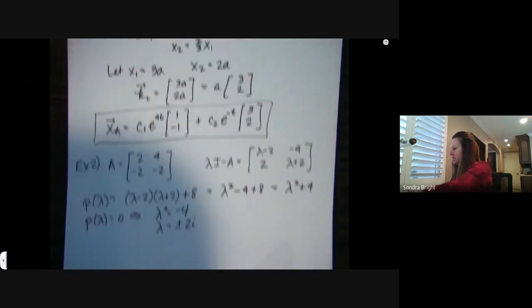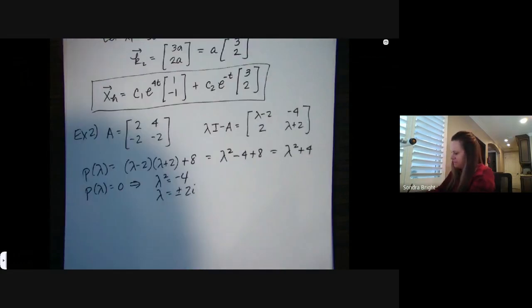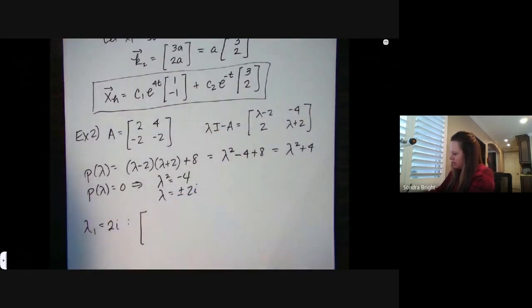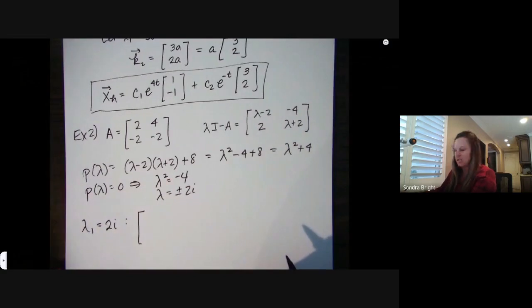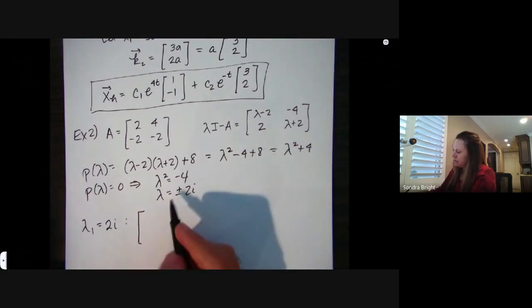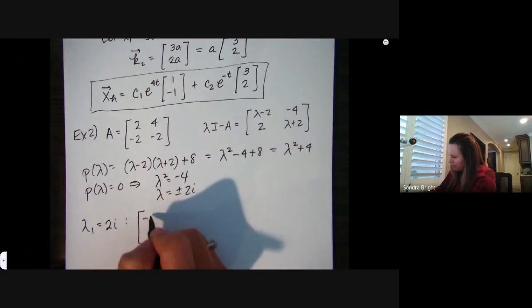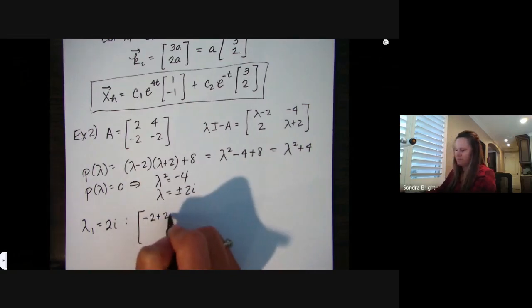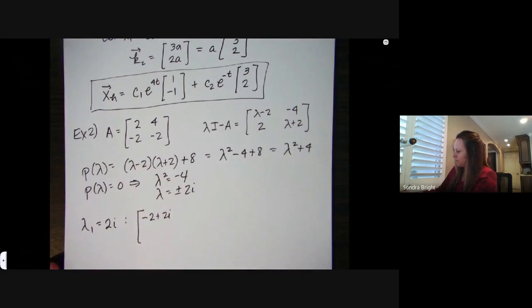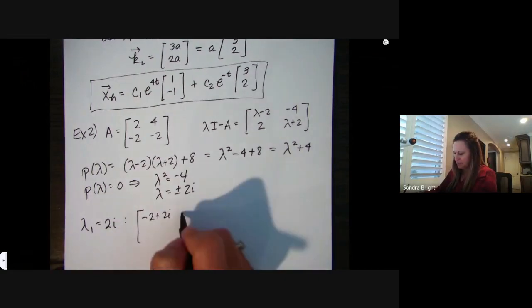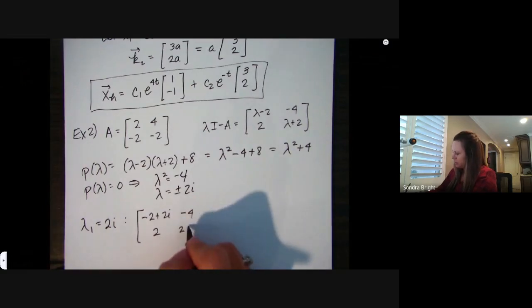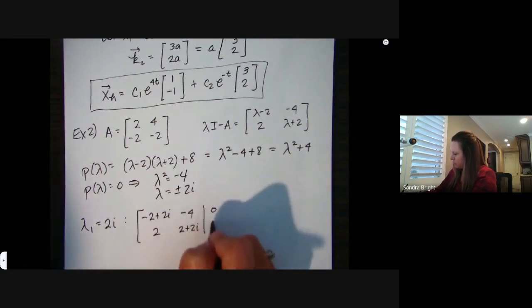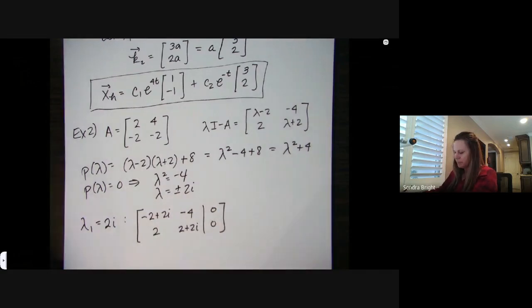All right, so start with the first eigenvalue of 2i. I always write my imaginary part second. So it's 2i minus 2, but I'm going to write it as negative 2 plus 2i, just because I always write it in a plus bi form. This is still a negative 4. This is still a 2, and then a positive 2 plus 2i. We want to solve, when are these 0?